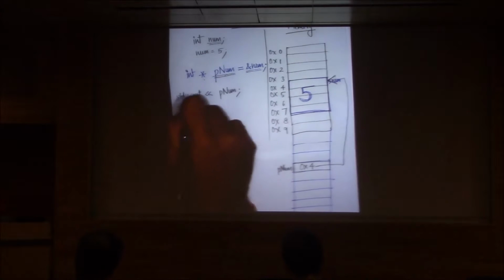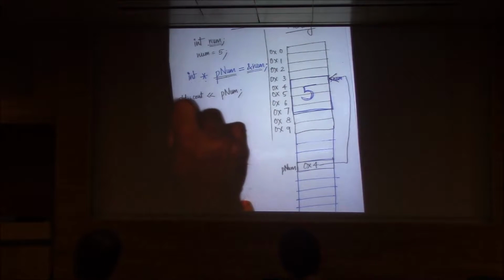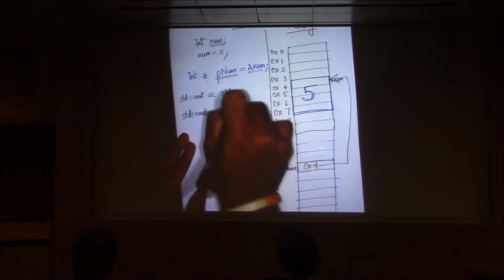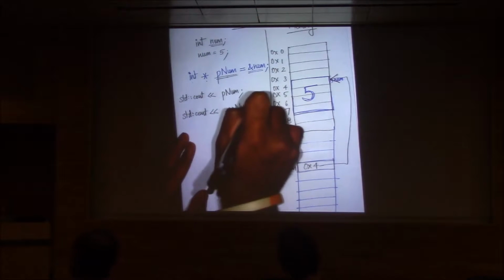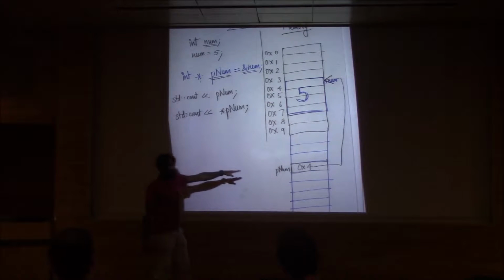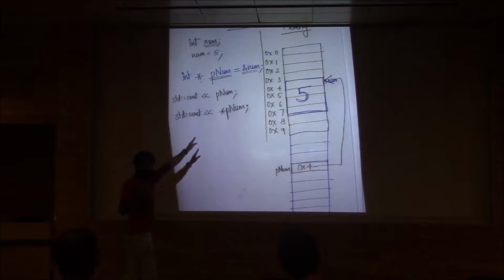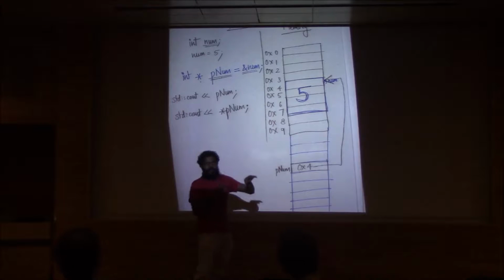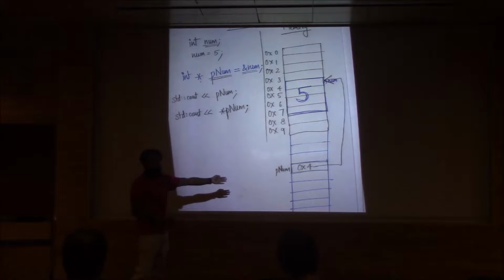And if you try printing std cout asterisk pnum, it means pnum is a pointer, and this asterisk stands for the dereferencing operator. Now I'm going to fetch the value that this pointer is pointing to.